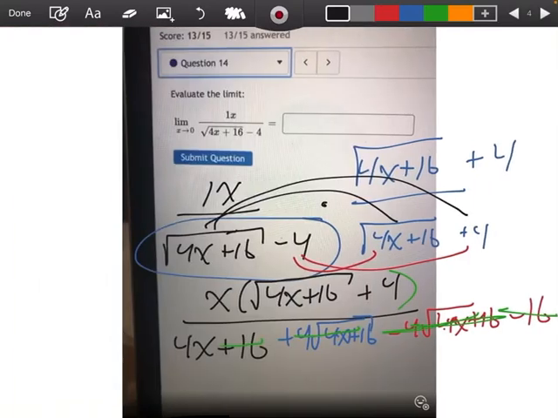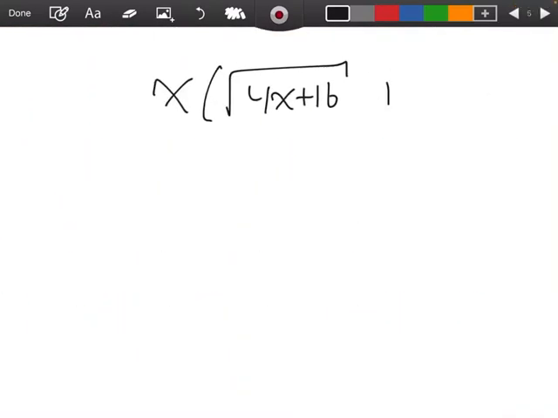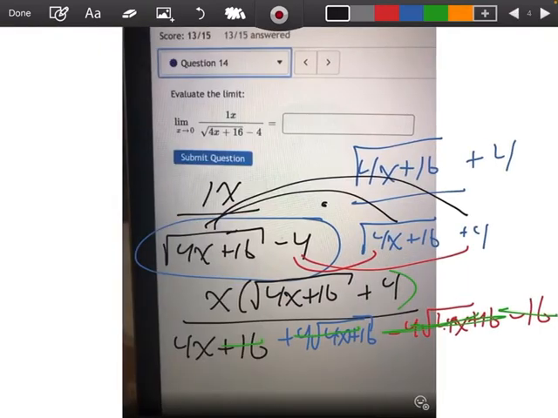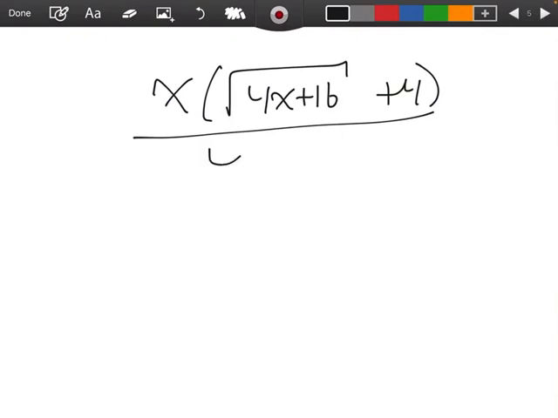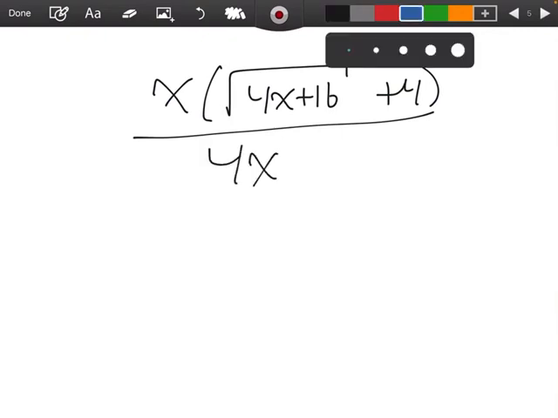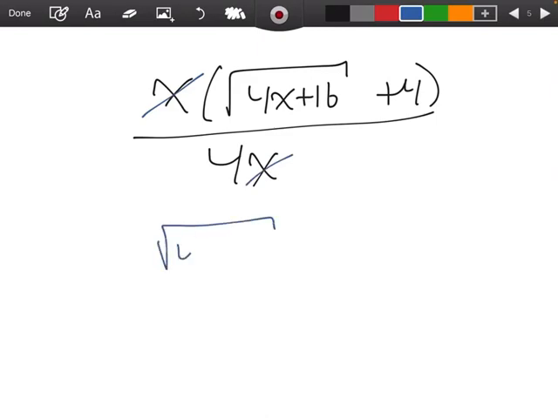What was it, a plus 4? Yeah, plus 4. On the bottom part, all we're left with is a 4x. Okay, so we got a 4x right here. So now this x here and that x there will cancel out. So I'm just left with the square root of 4x plus 16 plus 4 all over 4.